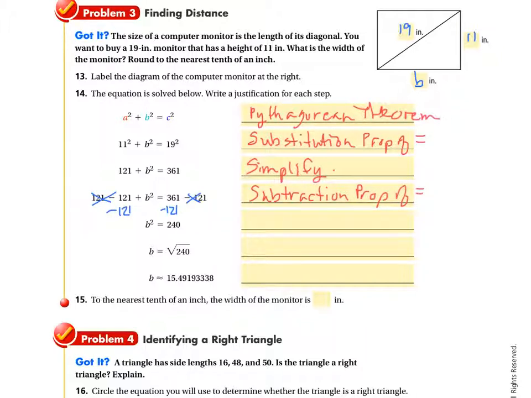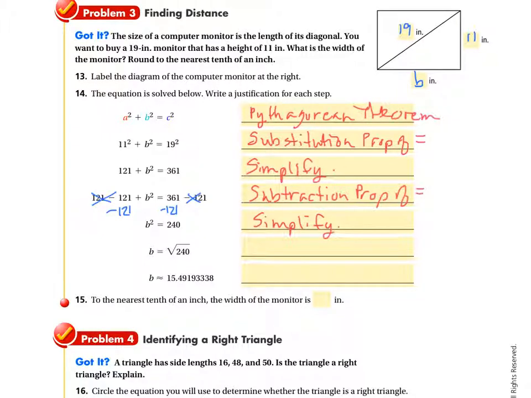And then from here to here, what'd they do? They simplified. And again, they usually don't show this step. You usually go from this step to this step, and you would have said the subtraction property of equality here. But because of the way that they wrote it, it looks like this. So we're simplifying again. And then what happened from here to here?